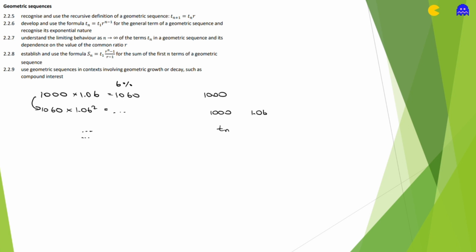So if we consider after n terms or n periods, we know that the amount of money in our bank account with compound interest will be equal to 1,000 times 1.06 to the n minus 1. And this will tell us how much money we have after n periods. And so as a result, we can represent compound interest as a geometric progression.